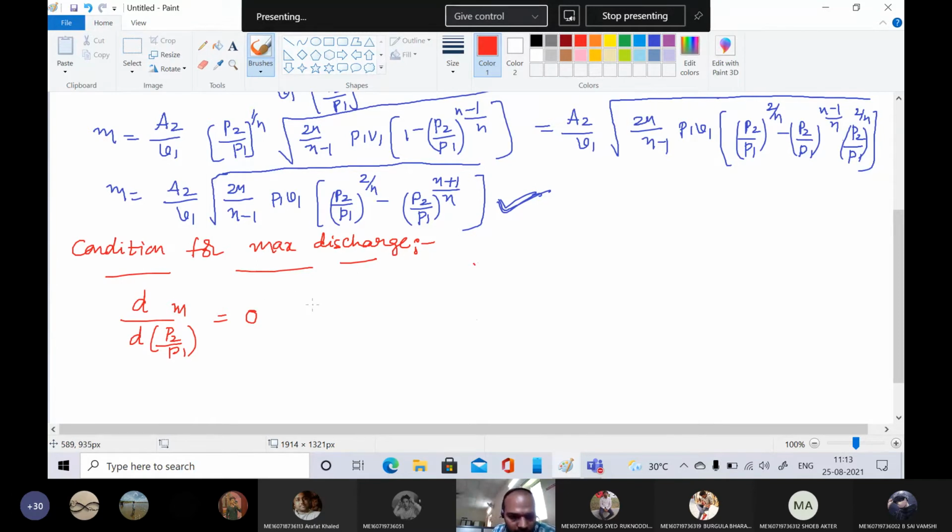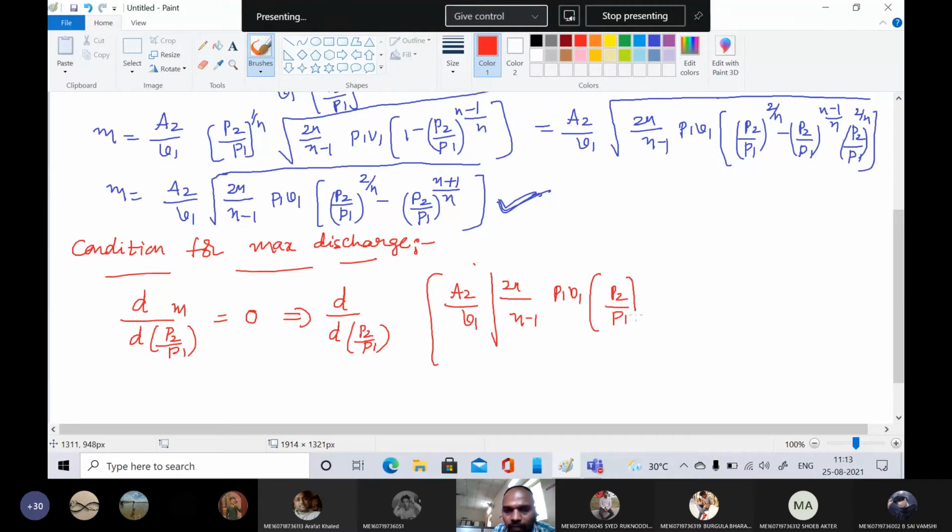Okay, so therefore d by d(P2 by P1) of A2 by V1 into square root of 2n by n minus 1 into P1 V1 into (P2 by P1) whole power 2 by n minus (P2 by P1) whole power n plus 1 by n, square root whole close, is equal to 0.